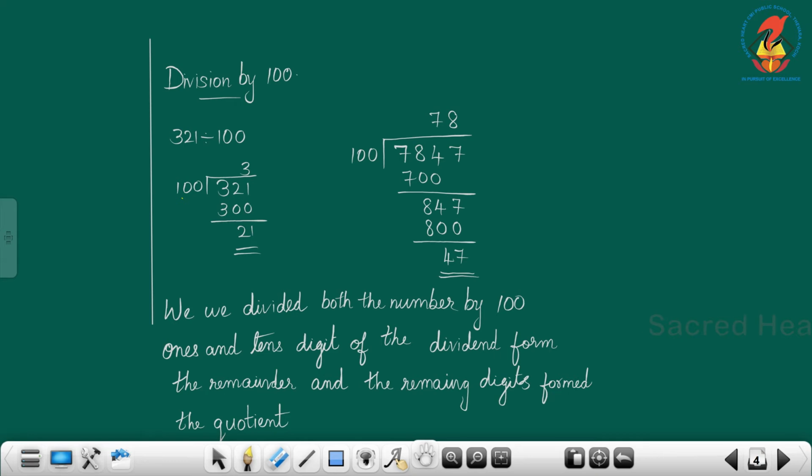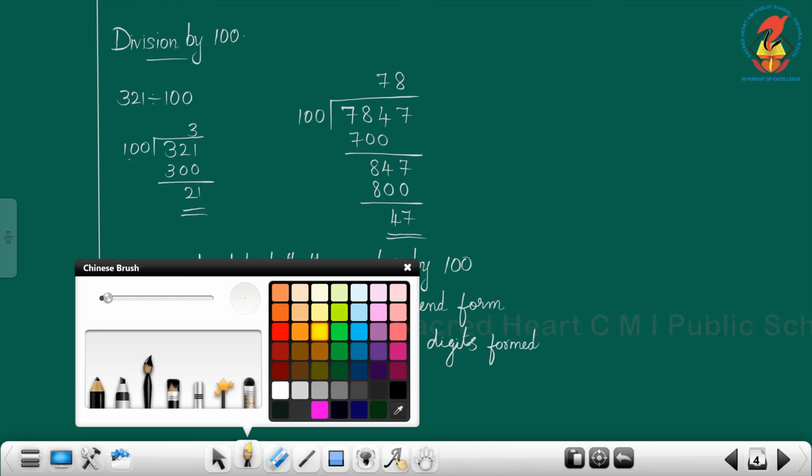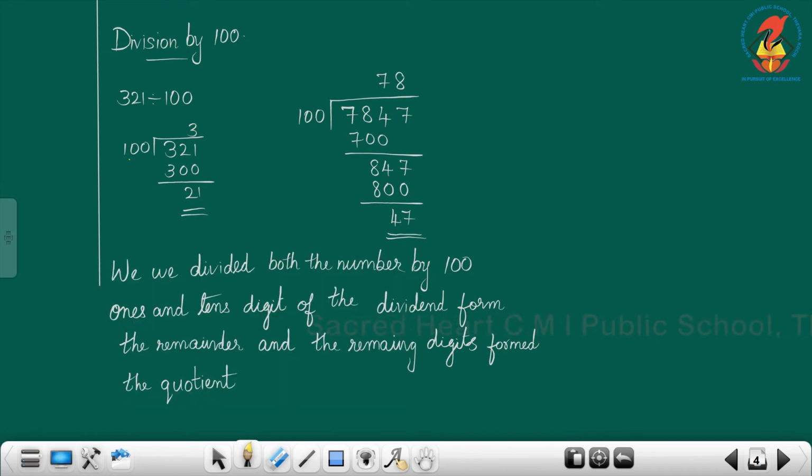So the ones and tens place numbers go to the remainder, and the remaining number is the quotient.